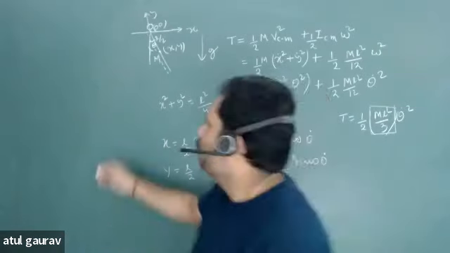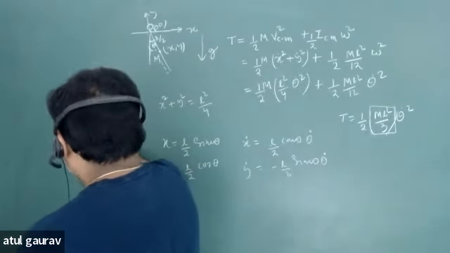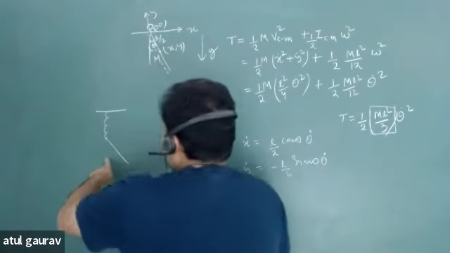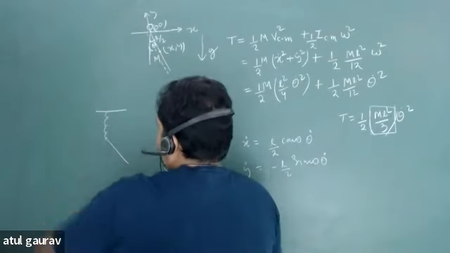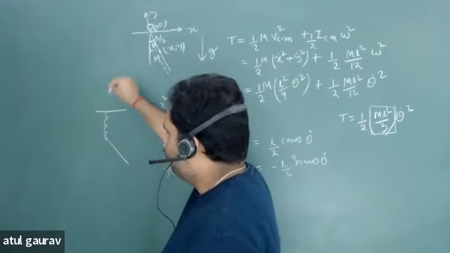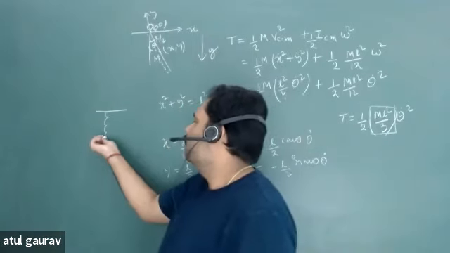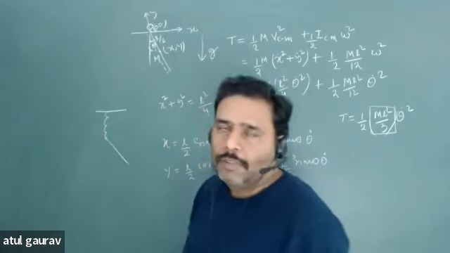But suppose there is a problem, we will probably do this in tomorrow's class: there is a spring and a rod like this. This is your rod, and this spring can move in the vertical direction. Then you cannot take moment of inertia about this point.